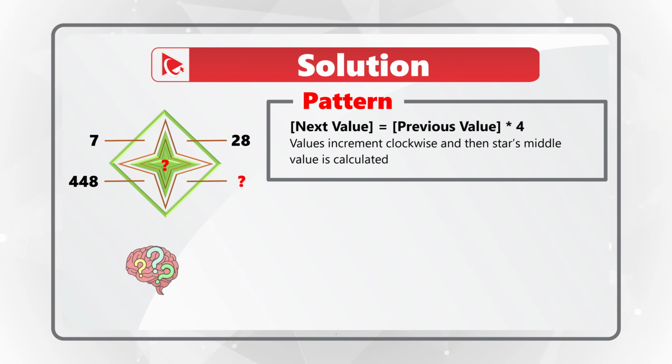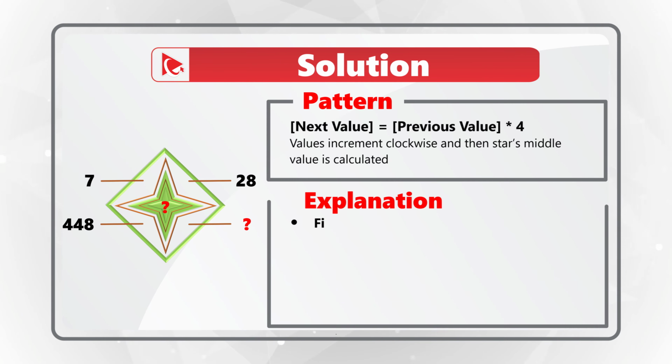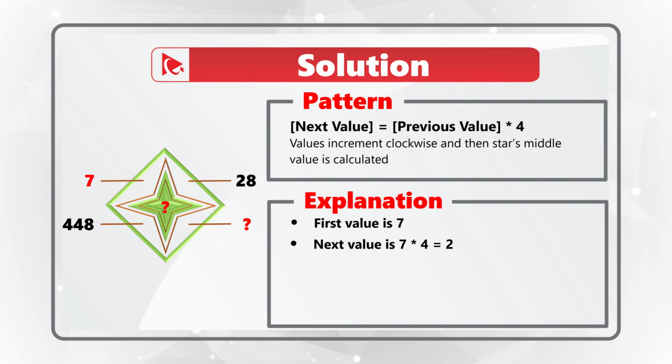Let's use the formula to calculate the missing value. First value at 11 o'clock is 7. Next value is 28, which is calculated as 7 multiplied by 4. Then we come to the first missing value at 5 o'clock, and the missing value is calculated as 28 multiplied by 4, which equals 112.